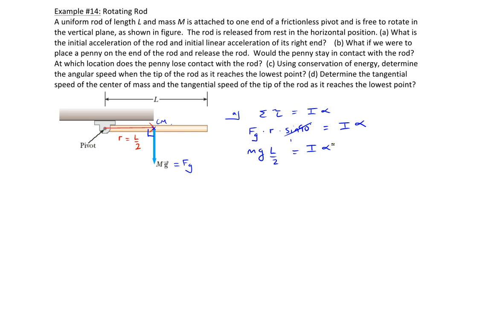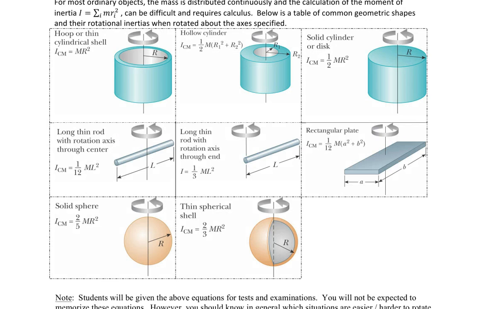Now, we do know that this is a rod that's being pivoted at the very end, so we can find the rotational inertia of a rod being pivoted at the far end of it. If you go back to your notes, you can see in our table of common geometric shapes that we're looking at the long thin rod, but we're not rotating about the center, but rotating about the end. So in this situation, our rotational inertia is going to be 1/3 mL squared.